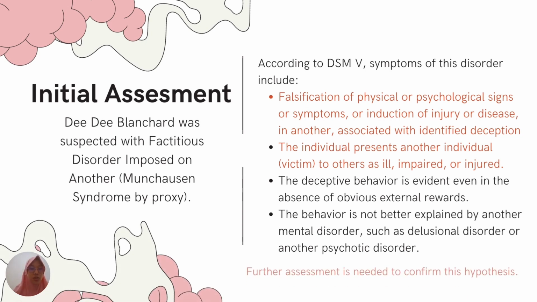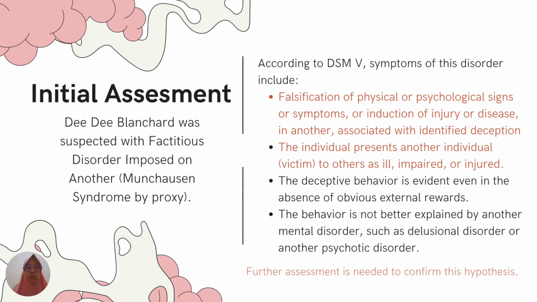So for the initial assessment, we suspect that Didi Blanchard had a factitious disorder imposed on another, or here we refer to it as Munchausen syndrome by proxy.